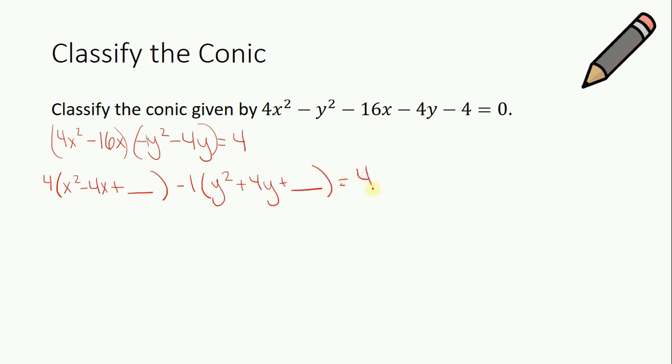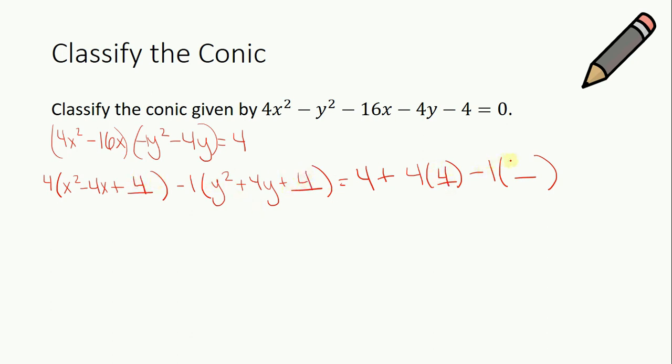So I have 4 plus, and here's where a lot of students forget, and then it does not work out as well as they would want it to. It would be 4 times blank right here, because that 4 would distribute back in once I multiply, and then negative 1 times the other blank, because that's also there. 4 divided by 2 squared, that would be 4, fill my blank.